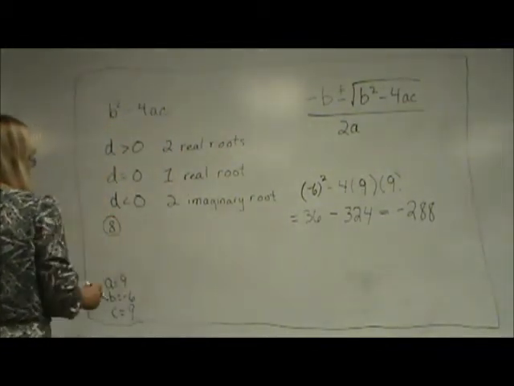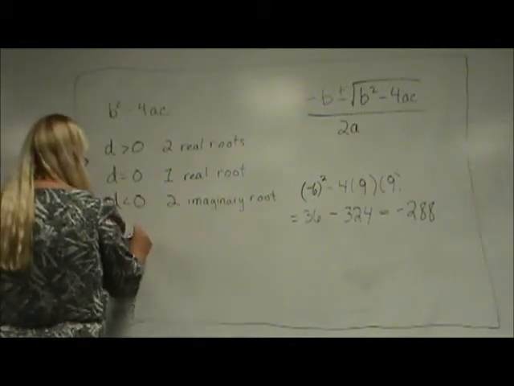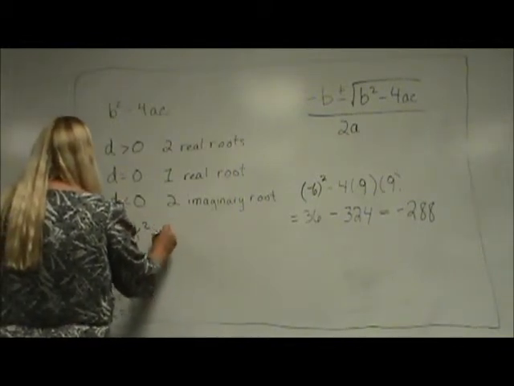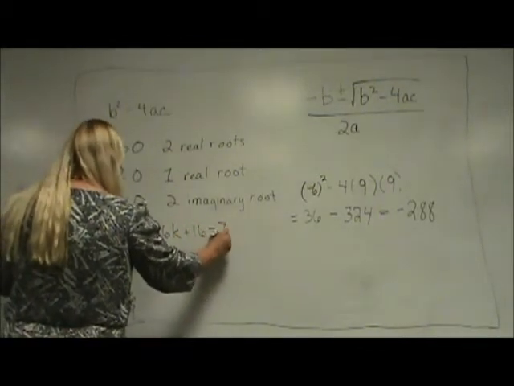Number 8. K squared minus 6k plus 16 equals 7.